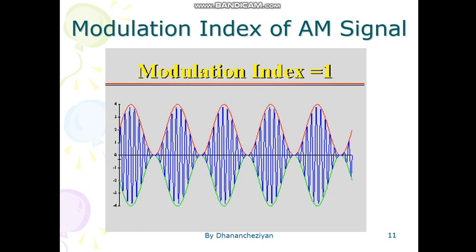This diagram is an example of ideal modulation, where you can see the carrier signal takes the peak amplitude at the peaks and the troughs are at 0, touching the axis. If this is the shape of the signal, then it is a 100% modulated signal, with modulation index 1. This is called the ideal modulation scheme.